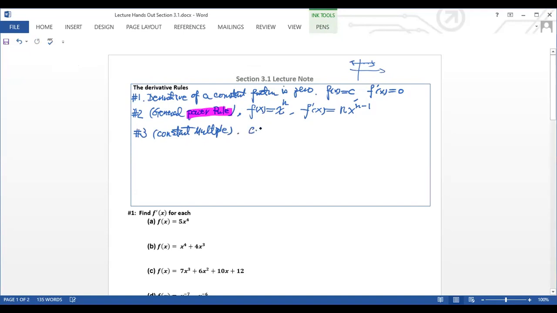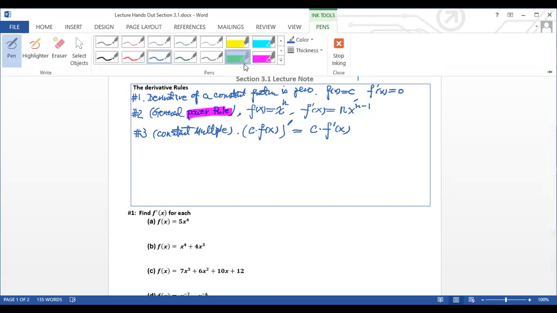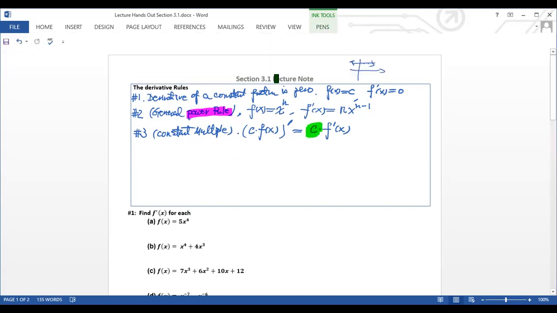If you have a constant times f of x and you take the derivative, it will just be the constant times the derivative of the function. So if a constant times a function, you bring the derivative inside, and the constant stays. Be careful, the constant stays here. That's what we call the constant multiple rule.